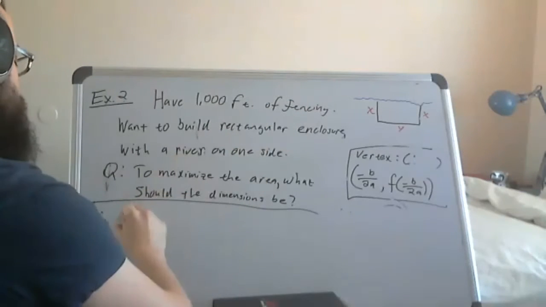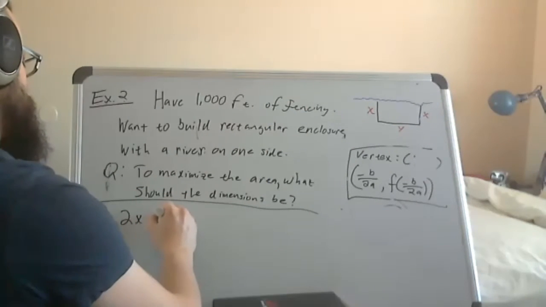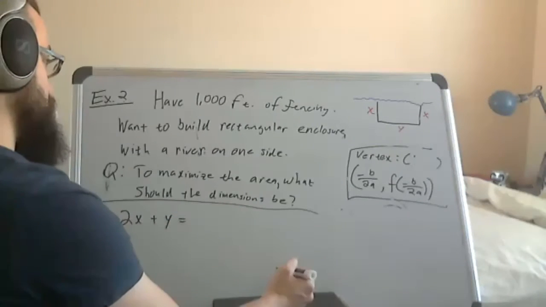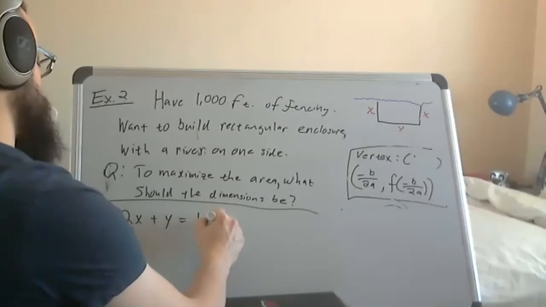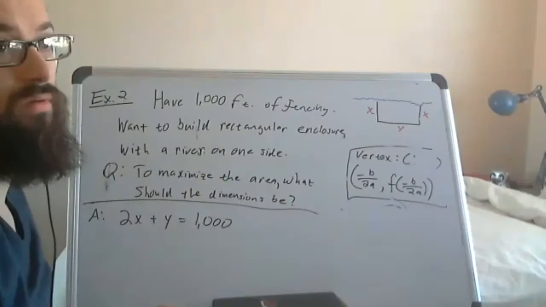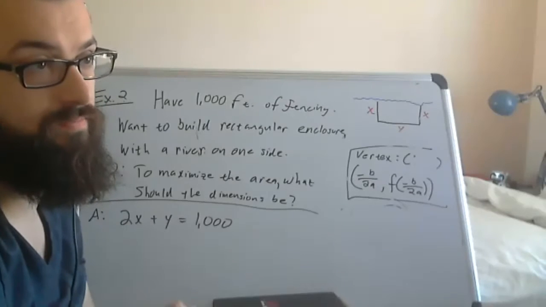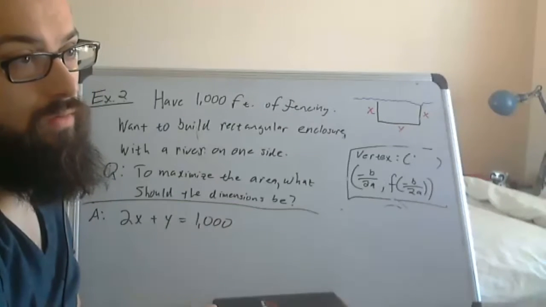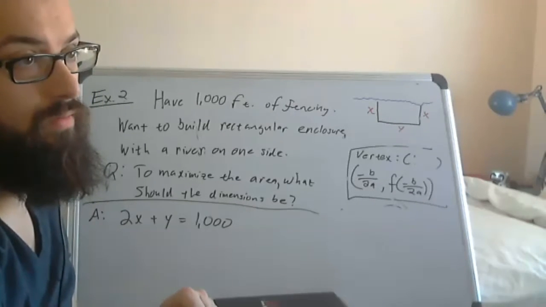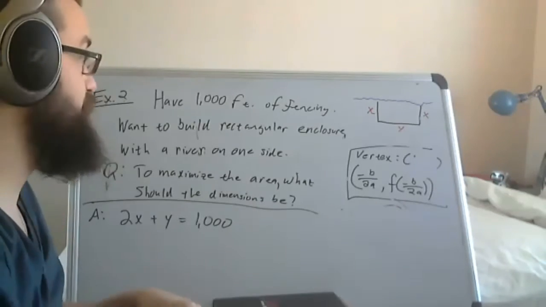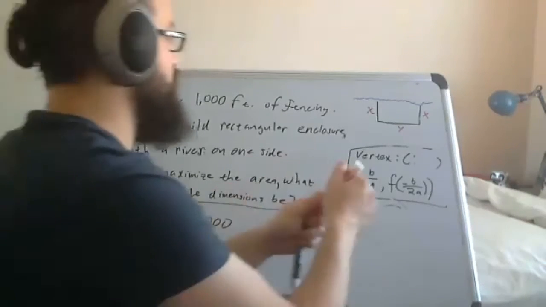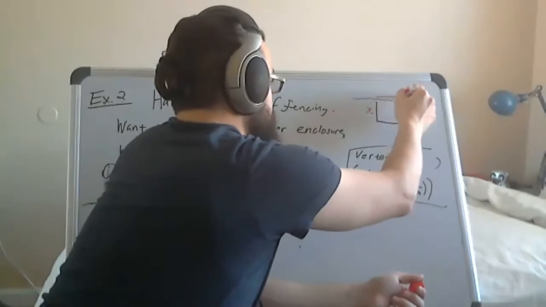So we know that 2x plus y is going to equal 1,000.